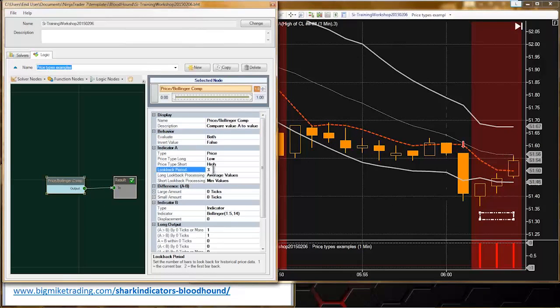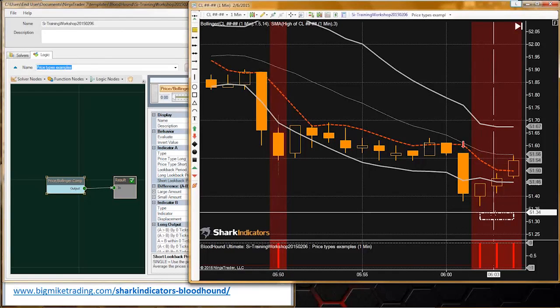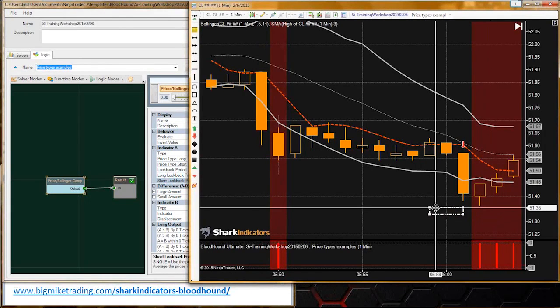We have a look back period 3, and what we're looking for is the minimum value within that look back period. So it looks like something's slightly off here. Interesting. Yeah, there's definitely something slightly off.